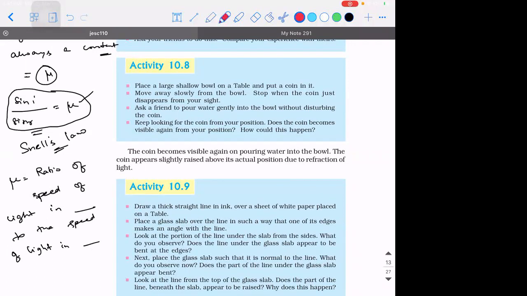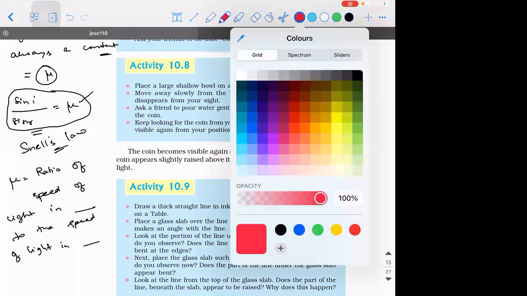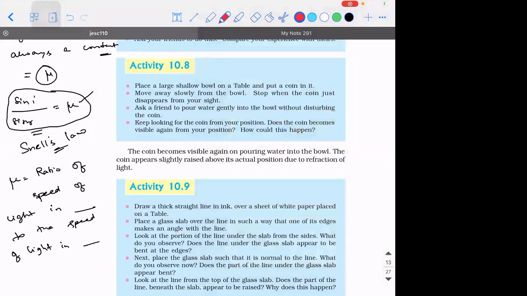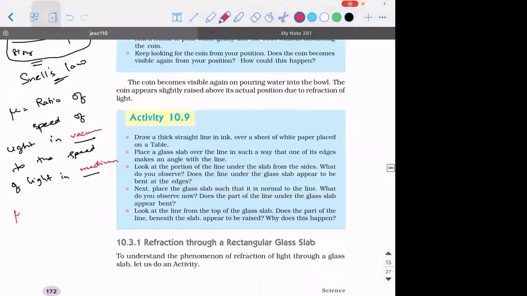Fill in the blanks. Vacuum and the medium. So the speed of light in vacuum to the speed of light in a given medium. Very good. So mu is equal to C divided by V, where C by default is 3 into 10 power 8 meters per second. What does V stand for? It stands for the speed of light in a given medium.